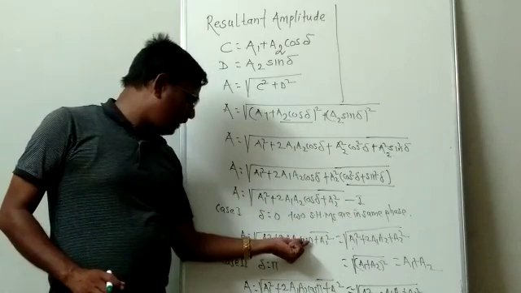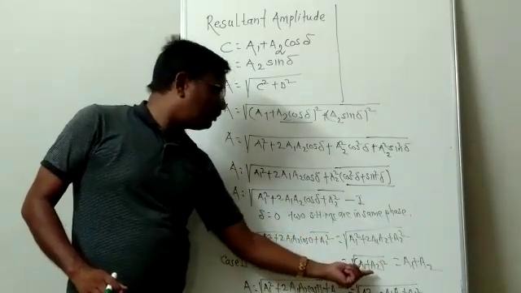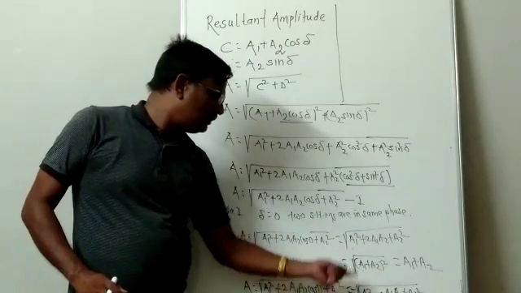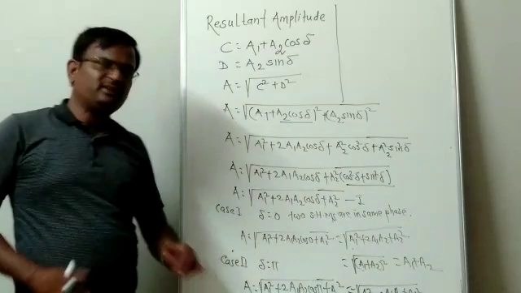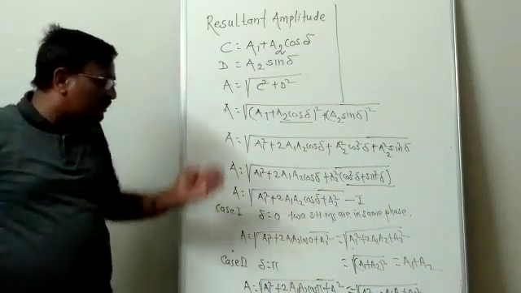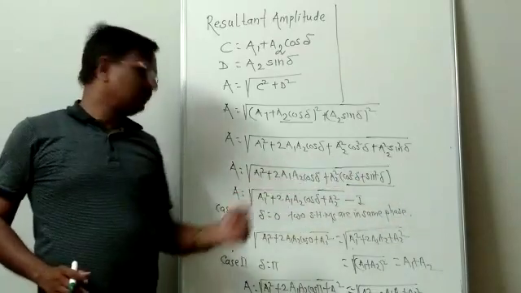The value of cos 0 is 1, so it is the square root of A1 square plus 2A1 A2 plus A2 square, which is the expansion of (A1 plus A2) square. Taking the square root, we get A1 plus A2. This is the maximum amplitude. We get the maximum amplitude when two SHMs are in the same phase.